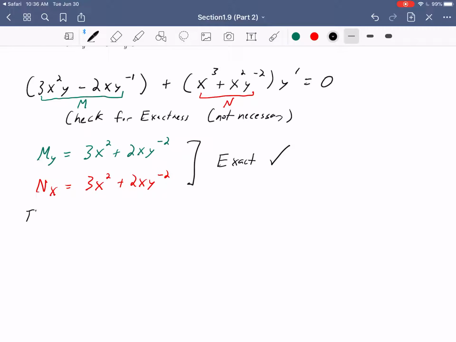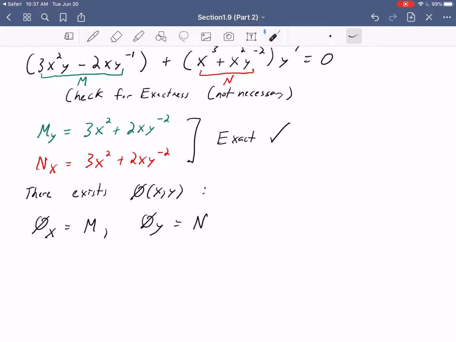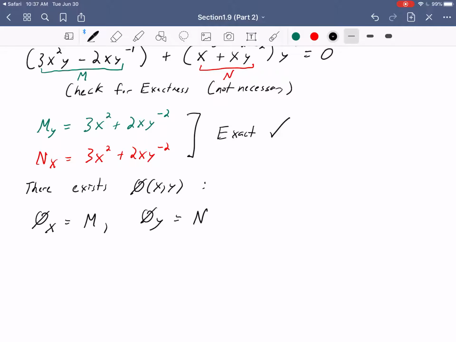That means that there exists a phi of x y such that the partial of phi with respect to x is equal to that m, and the partial with respect to y of phi is equal to n. Again, it doesn't matter which one we choose. We can start with either one. I think in the previous video, we always started with this. So just for fun, let's start with this one this time, just to show the different ways of approaching it.